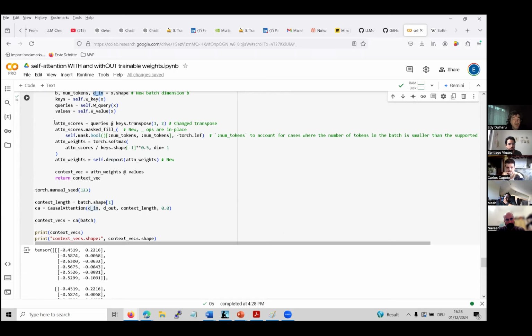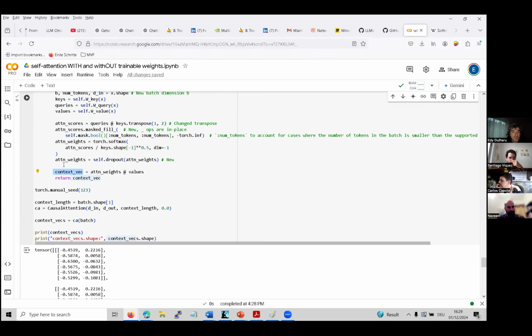Then computes the score using this multiplication between these two matrices, queries and transposed key matrix. Then computes the scores by masking them, using softmax, and then applies dropout. The objective of this exercise was to compute this context vector.